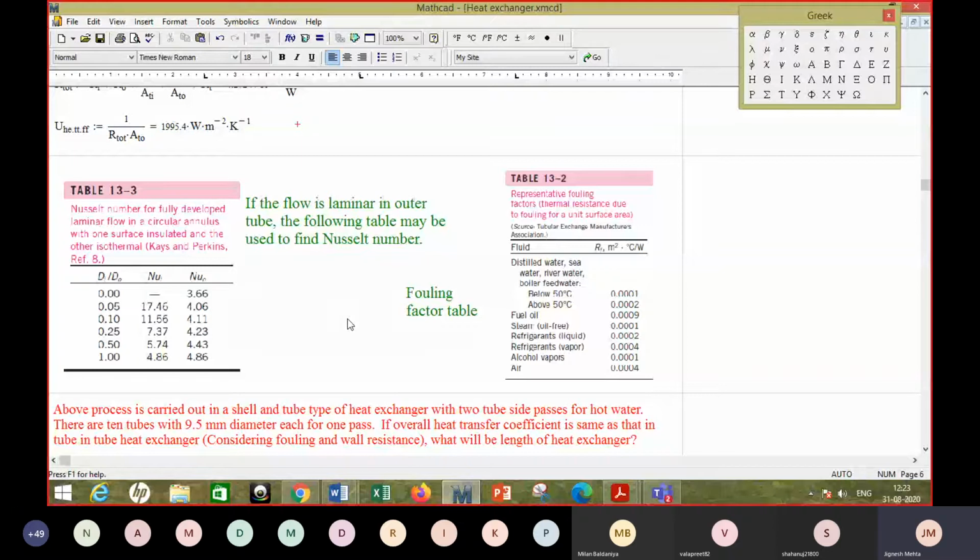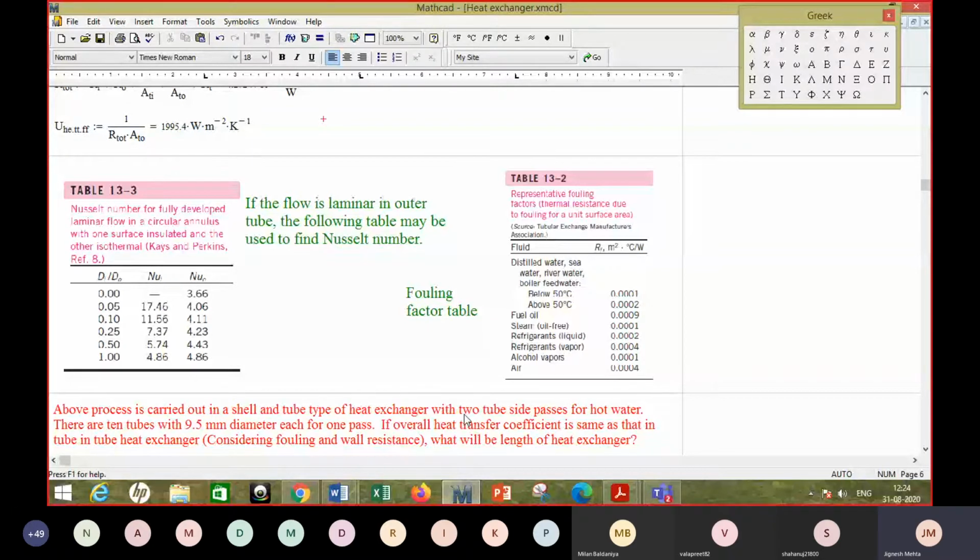So the heat transfer rate is same as what you found earlier, and I'm also not calculating the overall heat transfer coefficient, but I am accepting this as the heat transfer coefficient. So that's 1995 watt per meter square Kelvin. Right, that's the heat transfer coefficient for, say, what you get in the shell and tube type of heat exchanger also, right? If I have to find the overall heat transfer coefficient on the shell and tube type of heat exchanger, then what I have to do is I have to find the tube side heat transfer coefficient.